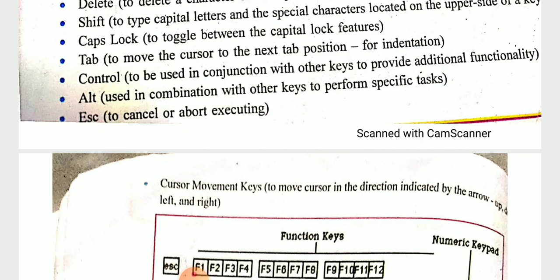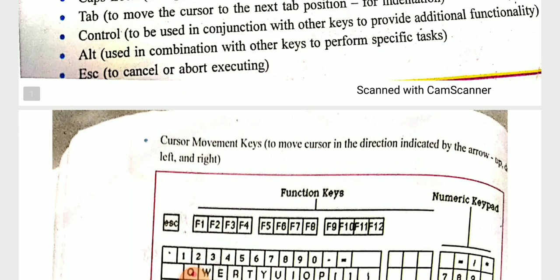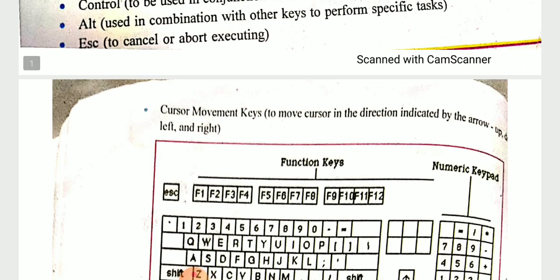So my current page is shut down, and if you want to shut down your PC, then you can press Alt plus F4. Then after you click on the shut down option. So here the Alt key is used in combination with other keys. Then escape key. Escape key is used to cancel or abort an executing task.